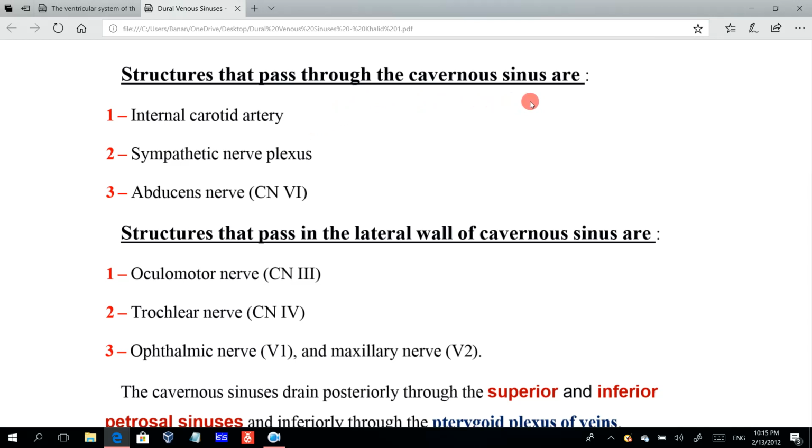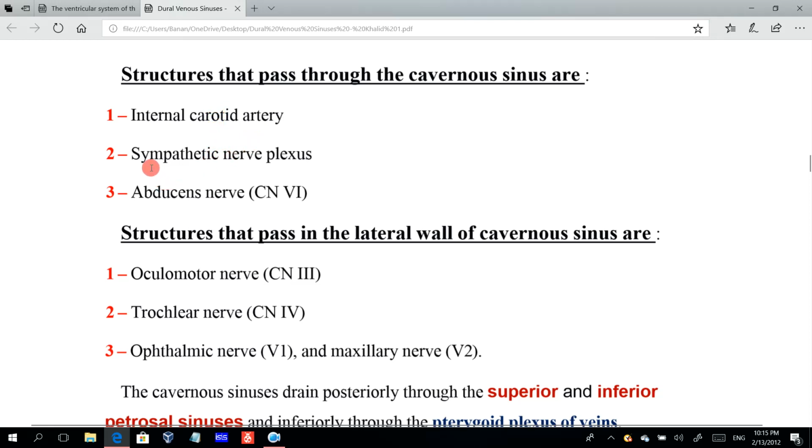These structures are, first of all, the internal carotid artery. As we said in the previous lecture, the internal carotid artery passes in the carotid canal, and then it enters the middle cranial fossa at the foramen lacerum. Once it enters the middle cranial fossa, it enters the cavernous sinus, passes through it, and then leaves the cavernous sinus to give its branches.